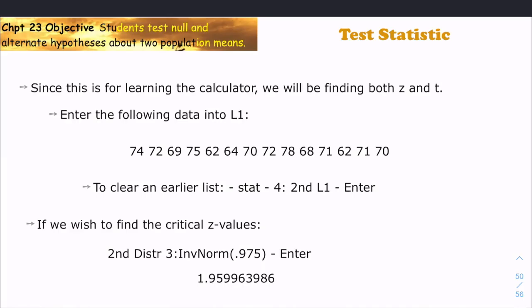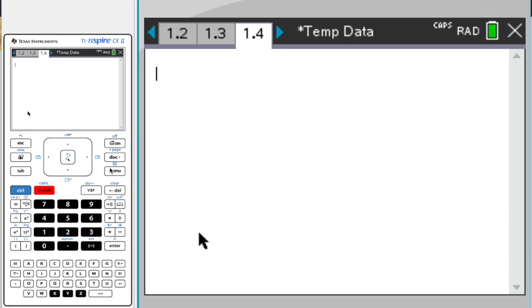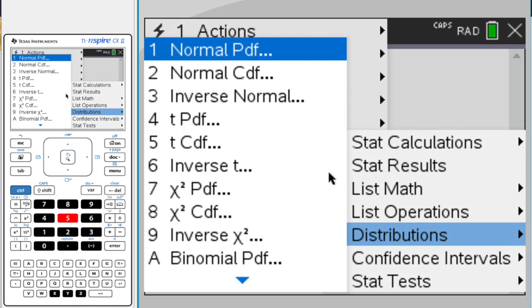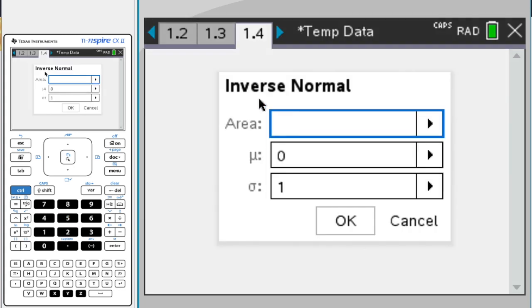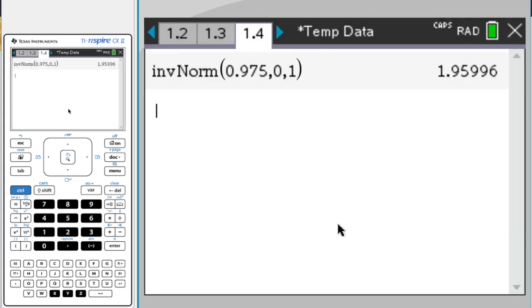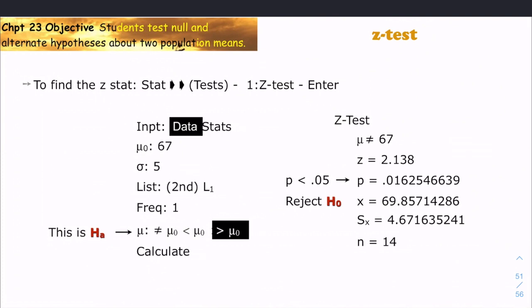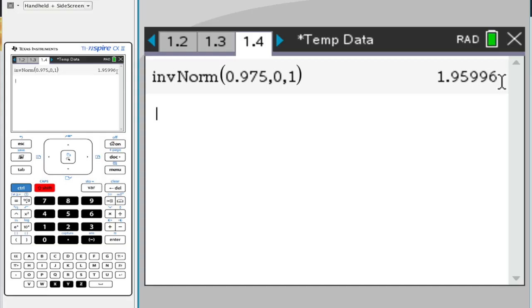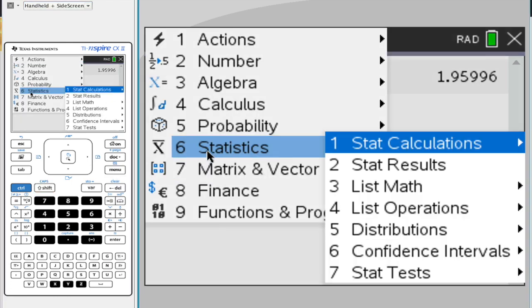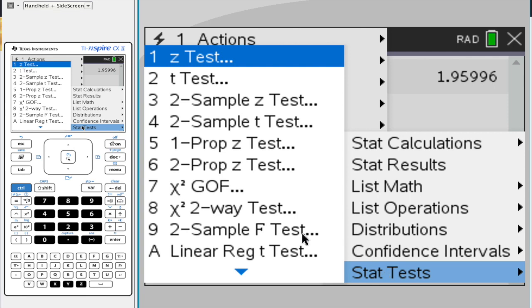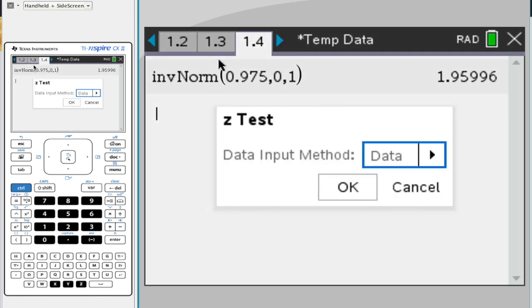If we wish to find a critical value, we can always do inverse normal, 0.975, because our significance level is 0.05. We hit enter and we get 1.96, which is what we expect. So to find our Z test, we're going to hit menu, statistics, tests, Z test, and we're going to select data.